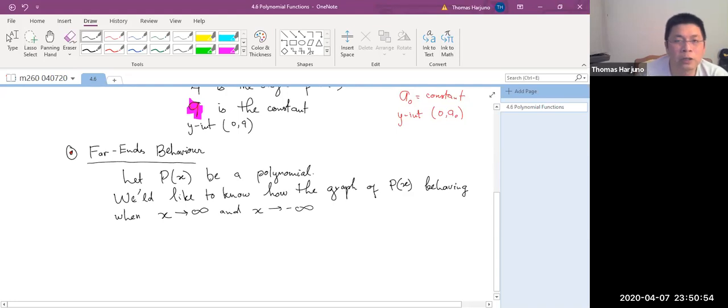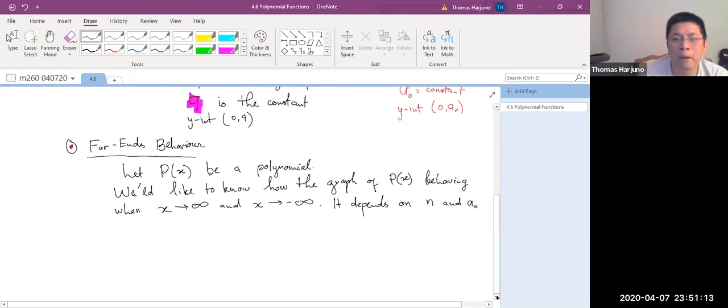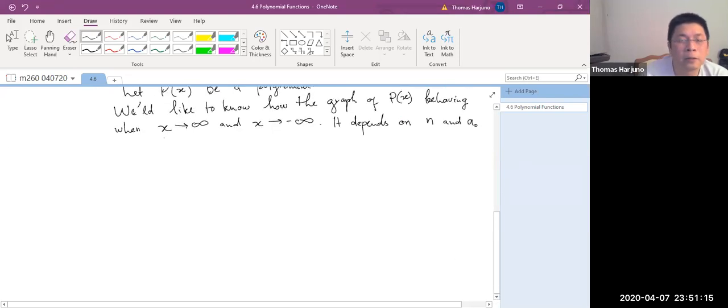Okay, now it turns out that it depends first on the degree and second on the leading coefficient. And this is the far end behavior.